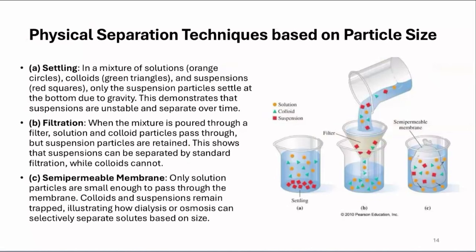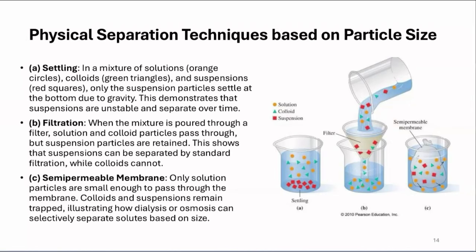As I was just mentioning, physical separation techniques can be utilized to separate mixtures of solutions, colloids, or suspensions because of their particle size. Let's talk about different physical separation methods, as we can see illustrated on the right side of the slide.